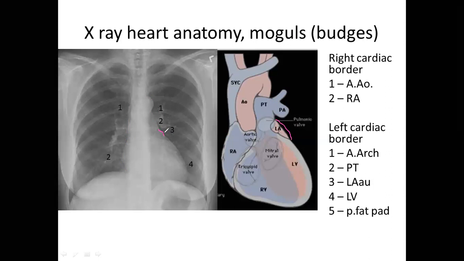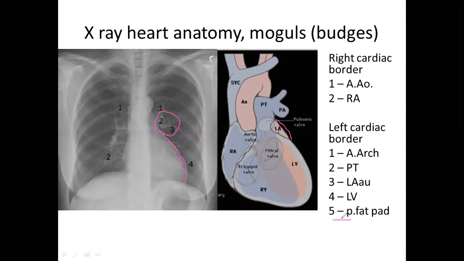So these two bulges of the heart are called the waist of the heart. Okay, please remember that. And the last thing, the easiest thing, in the left border we are able to see the fourth bulge right there. It is formed by the left ventricle. You can see the apex of the heart.